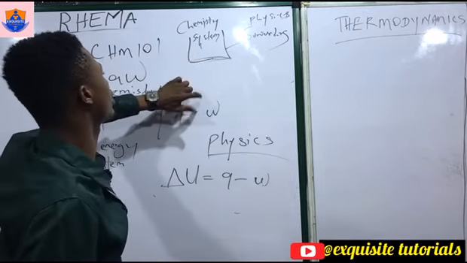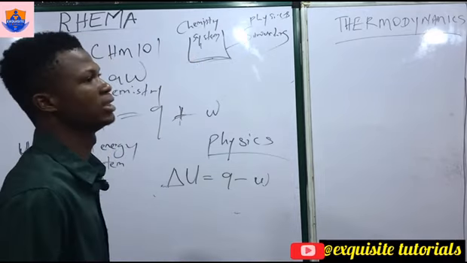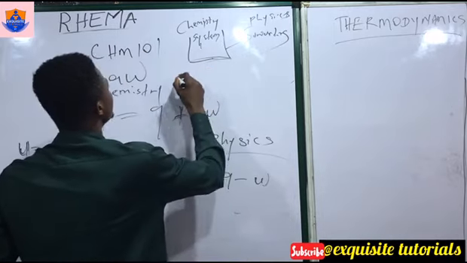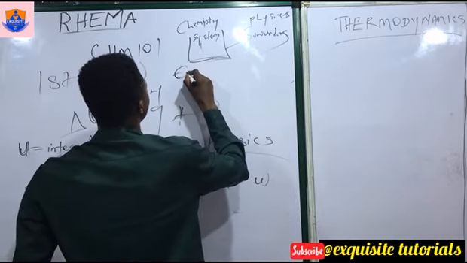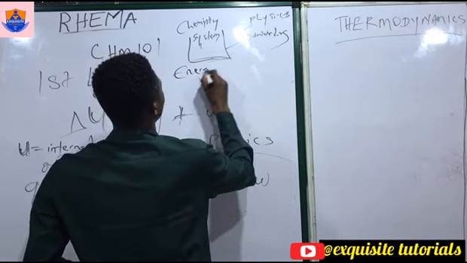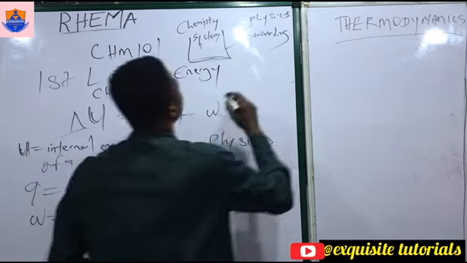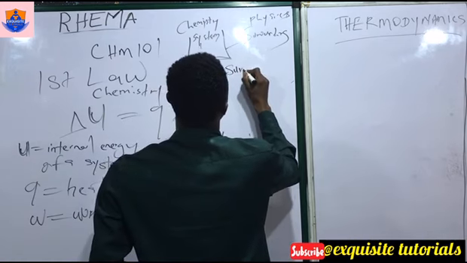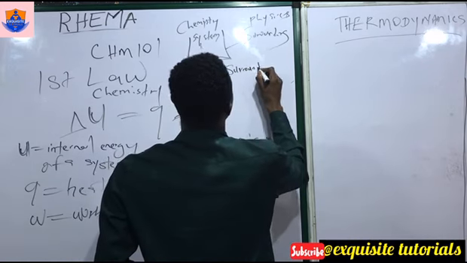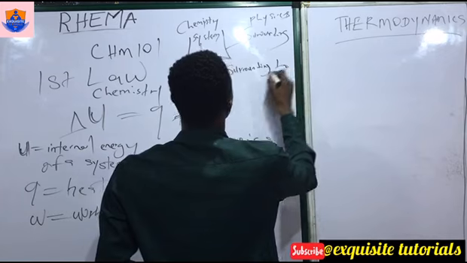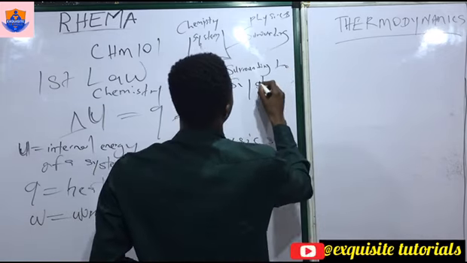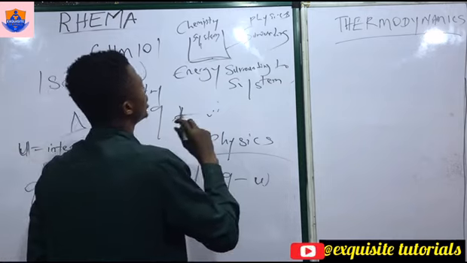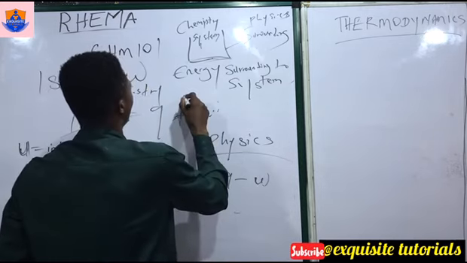Now in chemistry, when work is done on the system, it means that energy is transferred from the surrounding to the system.